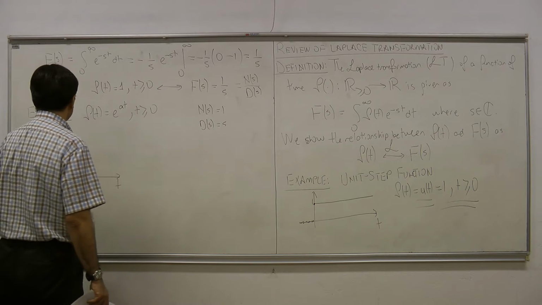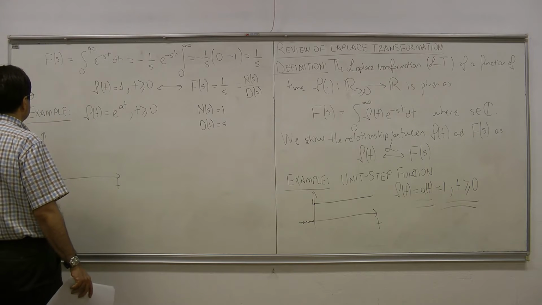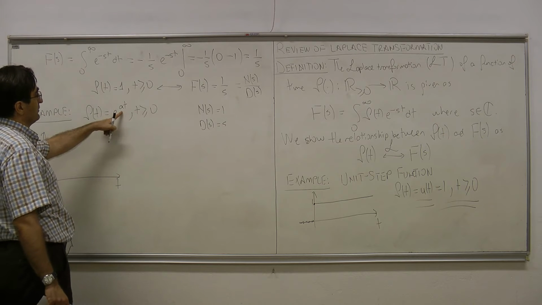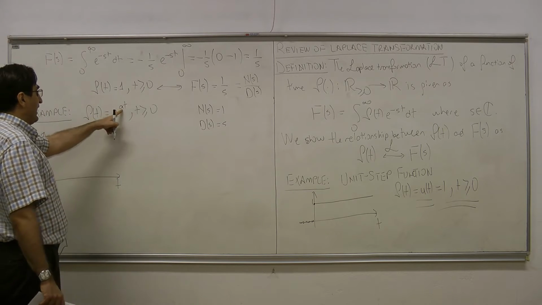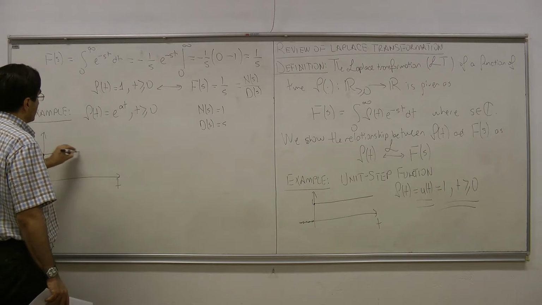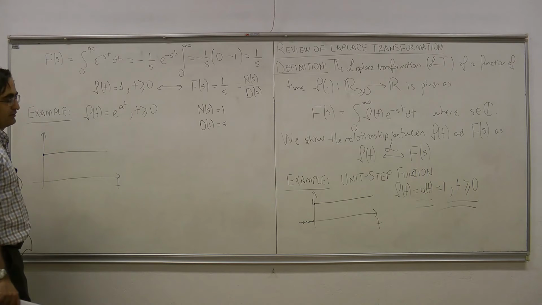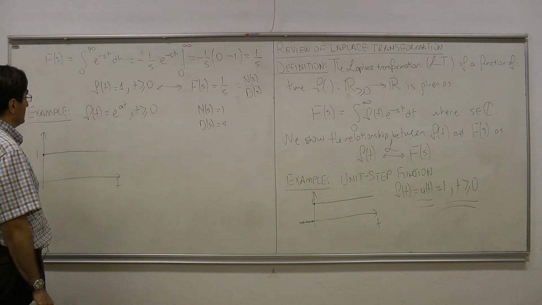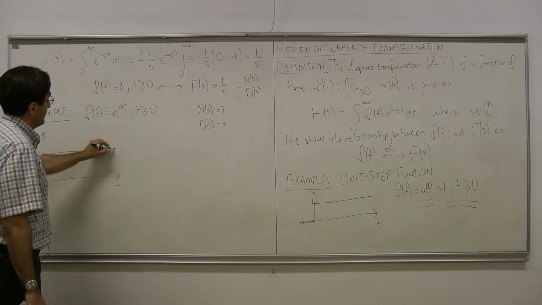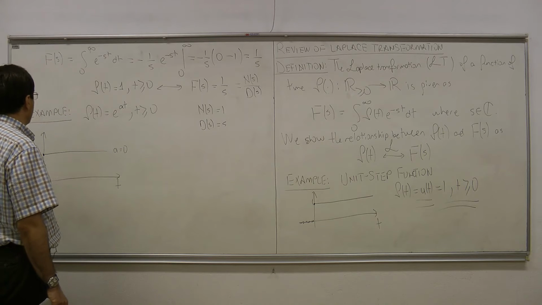So this is time here. And at t equal to 0, this function is always equal to 1, since e to the 0 is 1. So if a is equal to 0, this function is a constant at 1. All right? So this is the case when a is equal to 0.